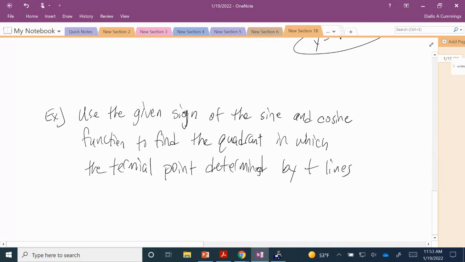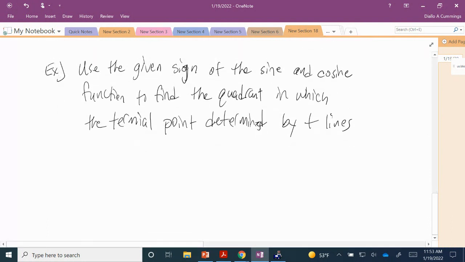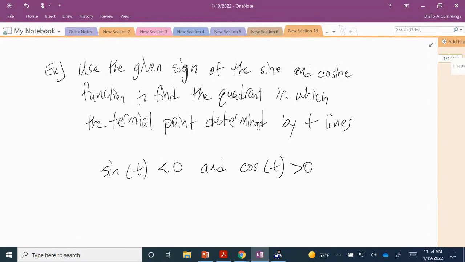In other words, you want to tell which quadrant or quadrants this angle lies in. So here's what we're given. The sine of t is less than 0 and the cosine of t is greater than 0. So for this particular problem, you want to find which quadrant t lies in.